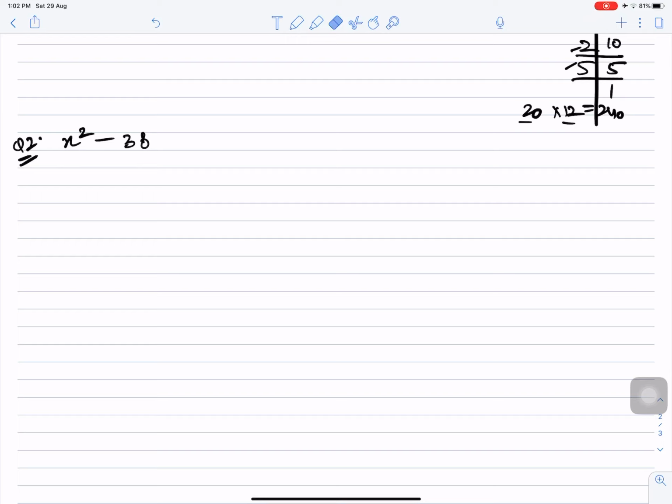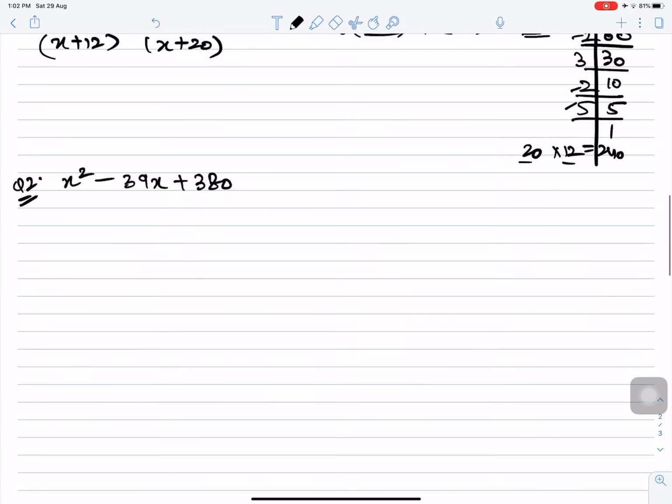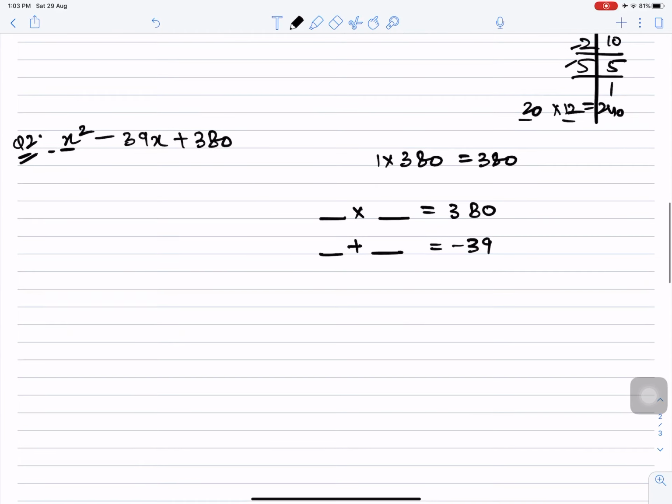Now again, my rule says I have to multiply the coefficient of x square and the constant term. My answer comes out to be 380. Means I have to multiply two numbers in such a way that my answer comes out to be 380, and I have to add two numbers in such a way that my answer comes out to be minus 39.